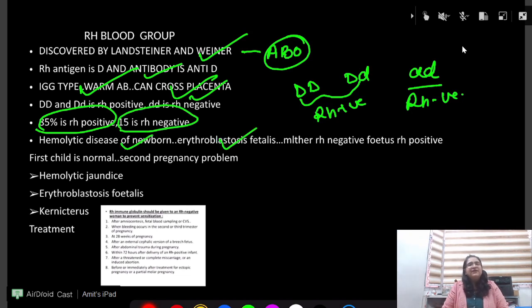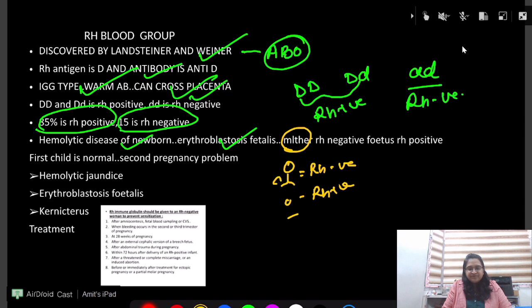Okay, next is hemolytic disease of the newborn, which is also known as erythroblastosis fetalis. In this, the mother is Rh negative and the fetus, the baby, is Rh positive. And how will you remember? Please remember, throughout history the woman has been sabotaged, so woman is negative.